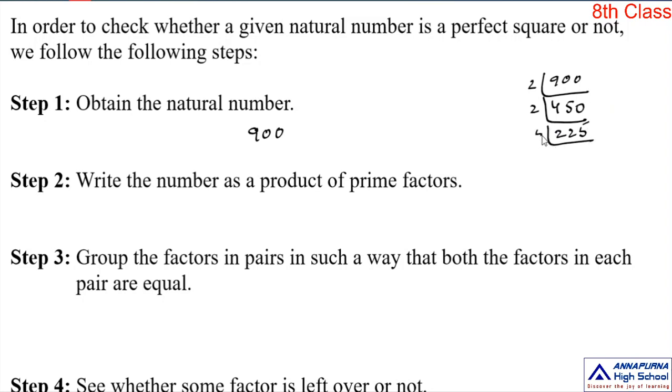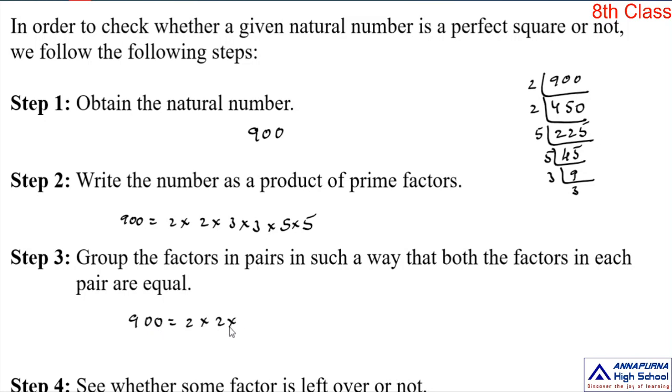And again this 225 is divisible by 5, 45 times, and this 45 is divisible by 5, 9 times, and this 9 is divisible by 3, 3 times. So the prime factorization is 900 equal to 2 into 2 into 3 into 3 into 5 into 5.